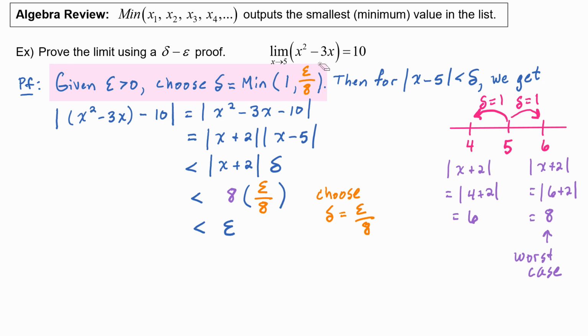Whichever of those two numbers is smaller, that's the one we're going to use for delta. Now, virtually all of the time, the epsilon over 8 will work out to be the smaller one. We only used this value of 1 to help us come up with a worst case scenario. The choice of 1 is arbitrary.